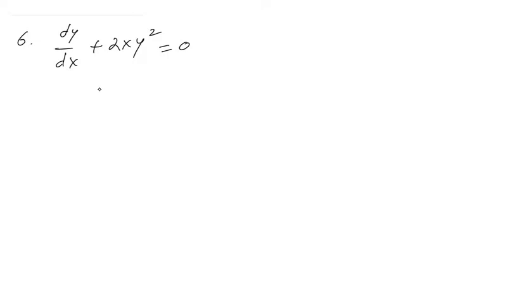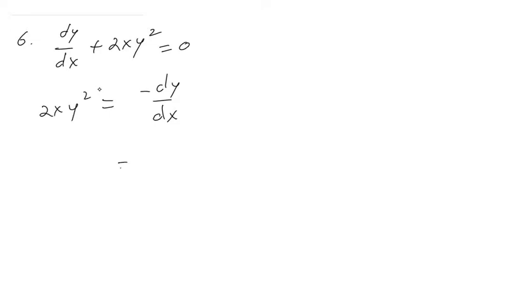Here we have question 6 of exercise 2.2, and it is a separable differential equation. You can separate the terms of x and y by moving any of these terms on the other side of the equal sign. So I am moving this minus dy by dx on this side and this 2xy square on this side.